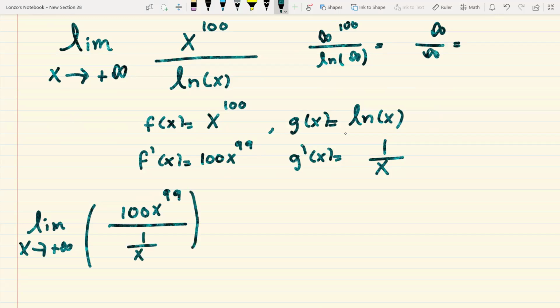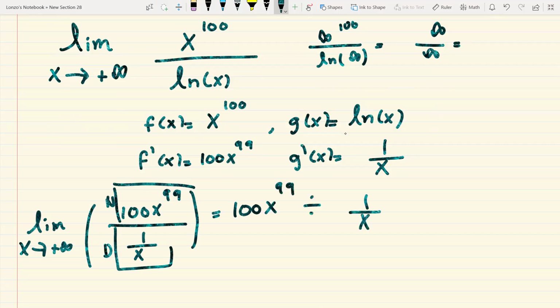Now if I tried plugging in infinity into this newer equation, what you want to do is simplify this a bit, right? Because we have a complex fraction. So what we can write is 100x^99 divided by 1 over x.